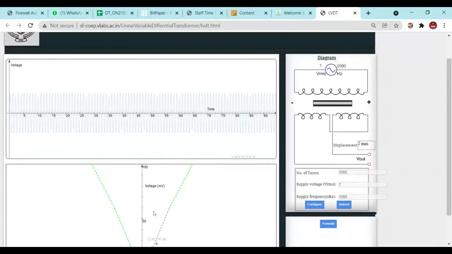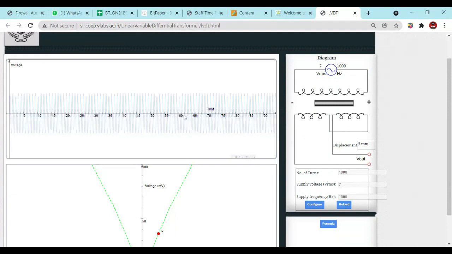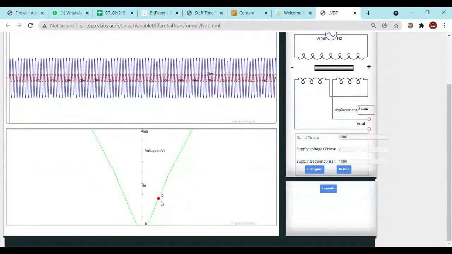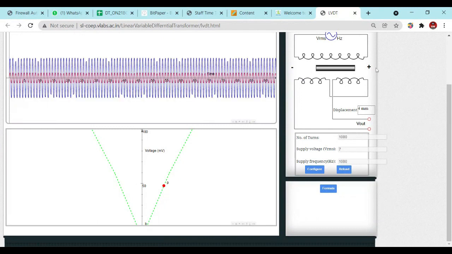So again, I will click on this plus sign. You will see the waveform is increasing, its amplitude is increasing, and the displacement is also changing right here. Again, if I click on this plus sign, you will see the displacement also changed to 4, and the amplitude is also changing.